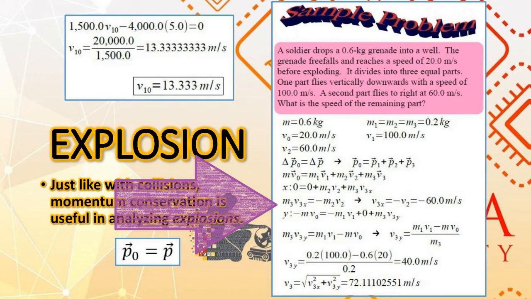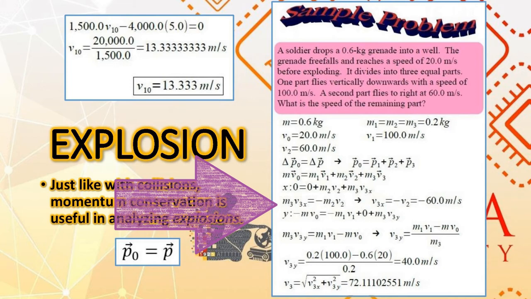Going now to the y component, you get negative m v initial is equal to negative m1 v1 plus 0 plus m3 v3y. Isolating v3y, we get m1 v1 minus m v initial, divided by m3. And we are able to get the y component of v3, 40 meters per second.